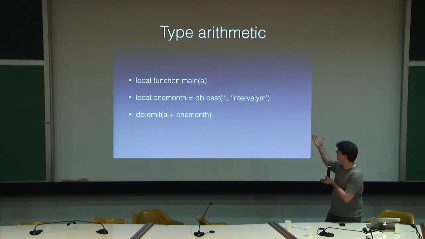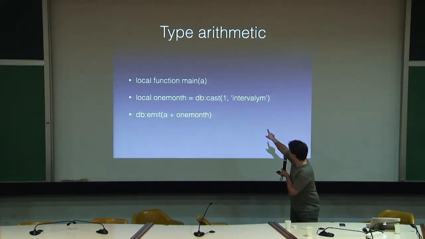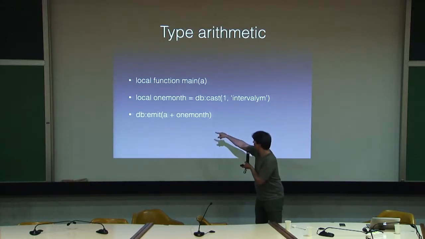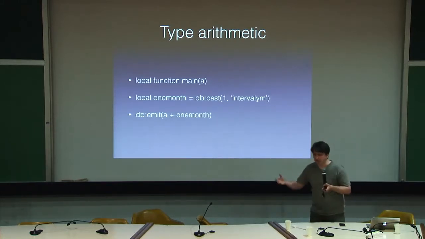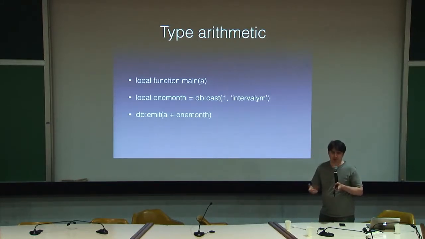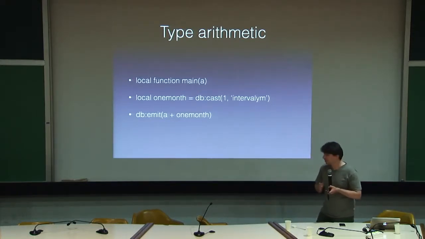You wouldn't really do this, but say you have a function, and you're adding A plus 1 month, basically. The point is this is valid date time arithmetic. If that were a date time and that's an interval, you could take today's date, if you passed in now to this thing, and then you could say add a month. That's something you would do in SQL. So we tried to take all the expressive arithmetic abilities that do exist in SQL and let you do the same maths in Lua.